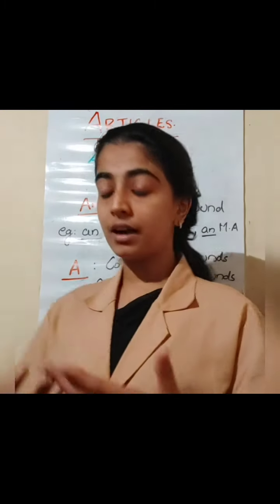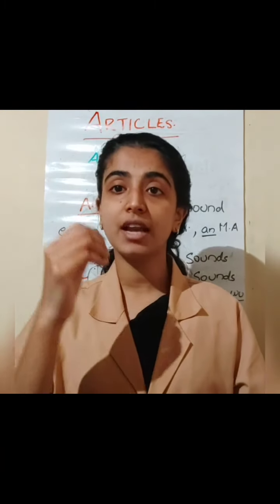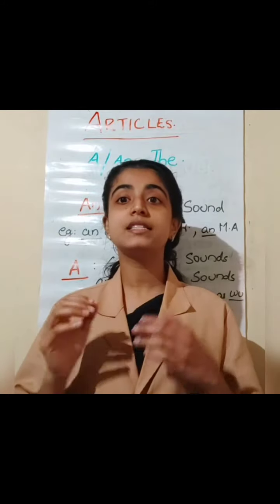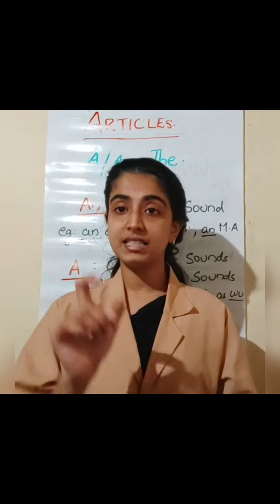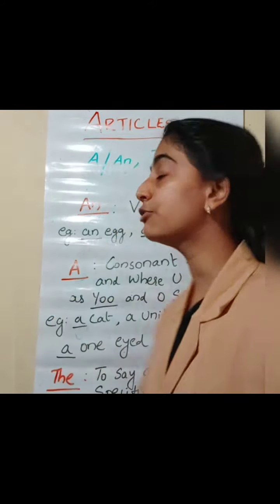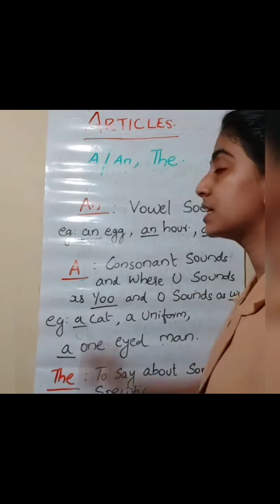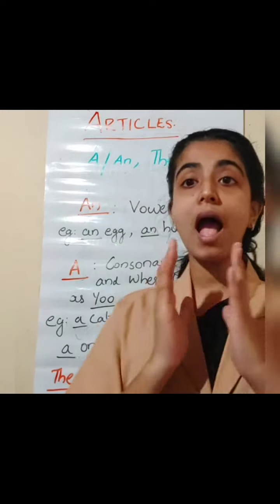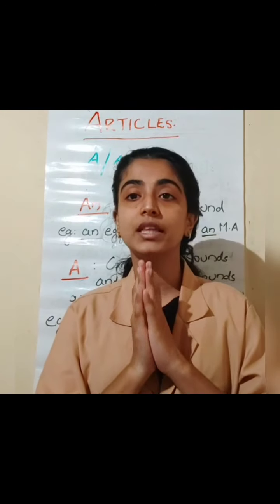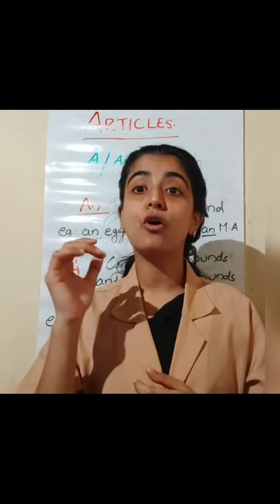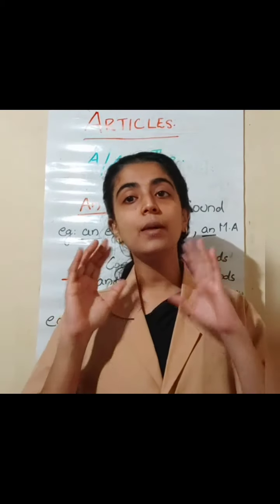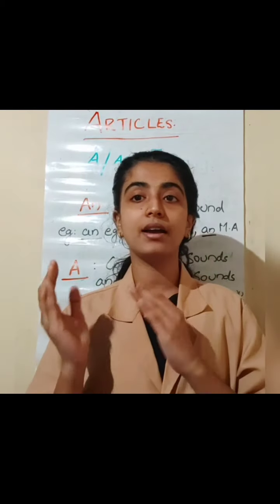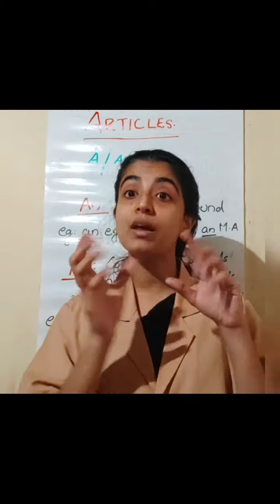Before we understand each one, we should know the situations where these articles are used. Starting with the first one, an. You already know an. An is generally used with words that have vowel sounds. Vowels are A, E, I, O, and U, the vowel letters.